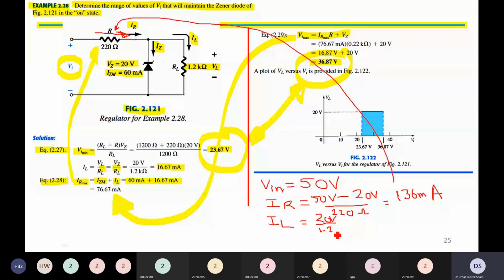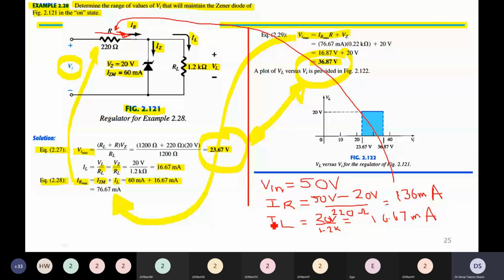We cannot change this value because they are fixed values: 20 volt from the Zener diode and 1.2 kilo ohm value of the RL itself. And this is equal to 16.67 milliampere. So we have found current in R, we have found the load current.